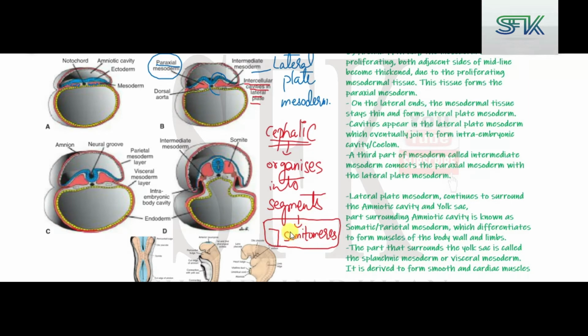These somatomeres then further form the head musculature of the embryo. The head musculature is made from these 7 organized segments of the paraxial mesoderm.